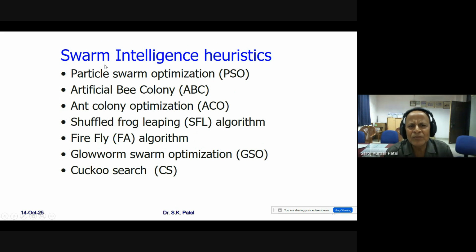Then swarm. Swarm means group behavior. Swarm intelligence heuristics include particle swarm optimization, just like birds, you have observed in the sky, birds always fly in a flock, in a group. Similarly, artificial bee colony, ant colony optimization, shuffled frog leaping algorithm, firefly algorithm, glowworm swarm optimization, cuckoo search. These are all swarm optimizations.